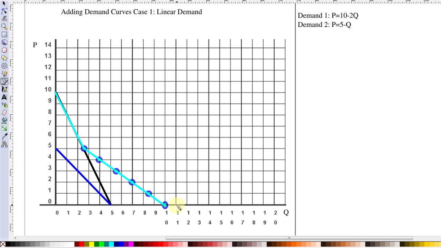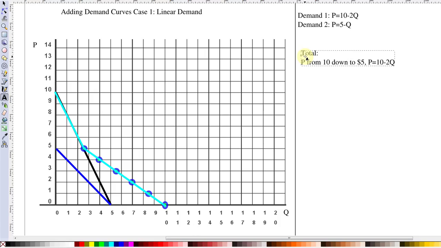So what we can say already here is the total demand is going to be, as long as we're in a price from 10 down to $5, the equation is going to be P equals 10 minus 2Q.